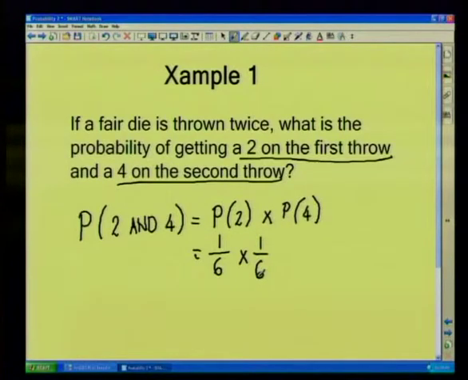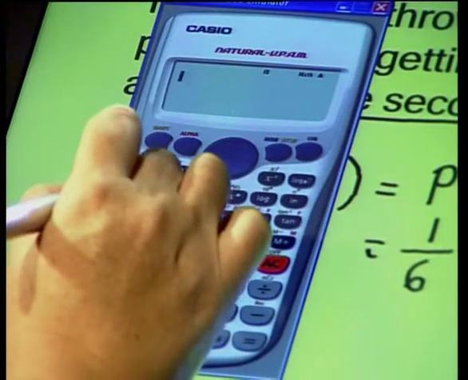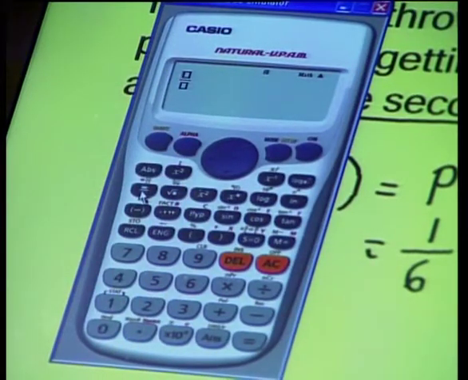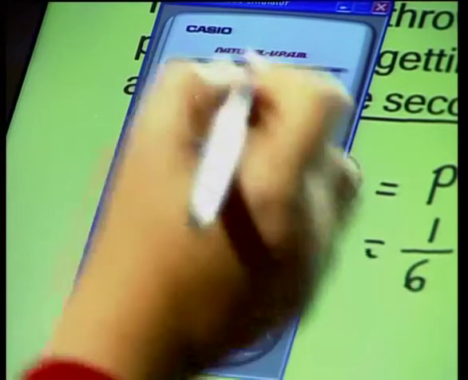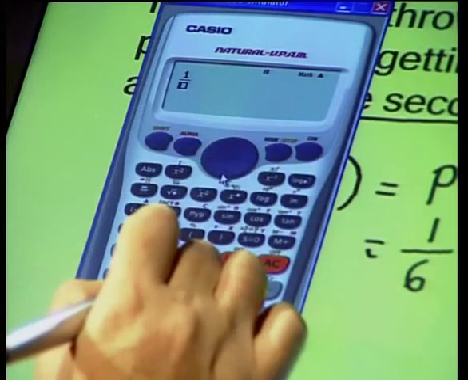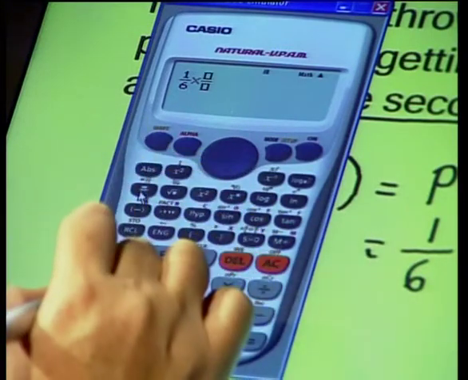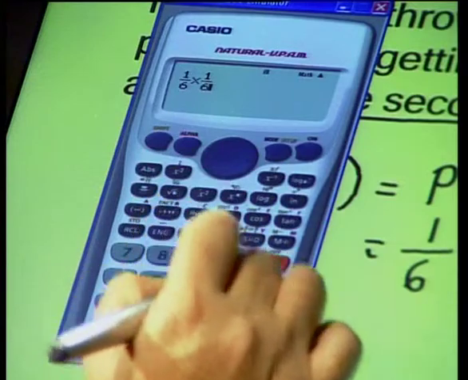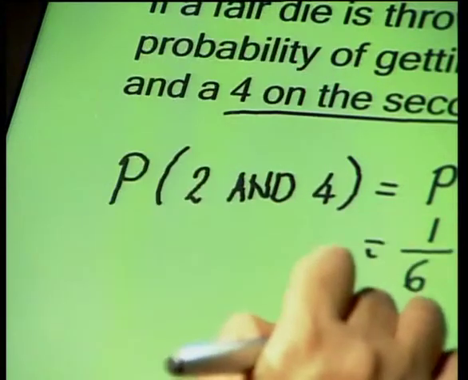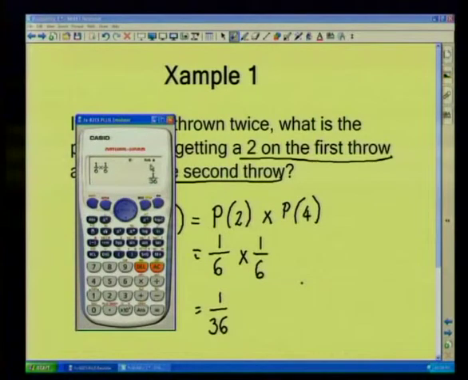Now if you're not very good at fractions, I suggest at this point that you get your calculator out and do it on your calculator. Most people these days have a natural display calculator and you can type in the fraction as you would see it. So it would be 1 over 6 times by 1 over 6 equals 1 over 36, as our calculator says there.